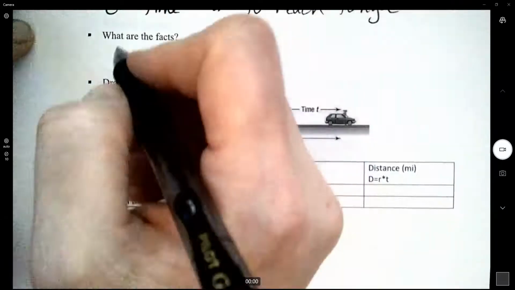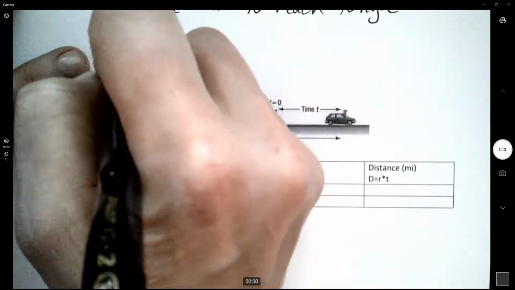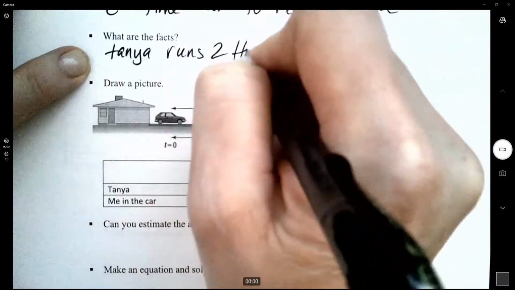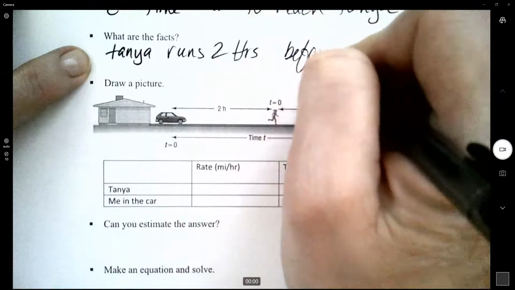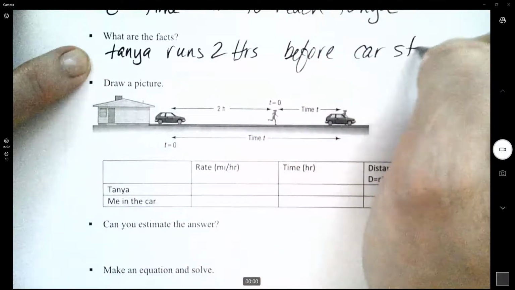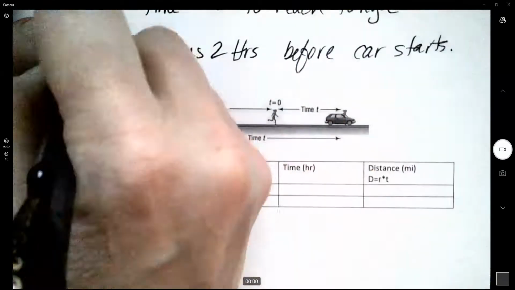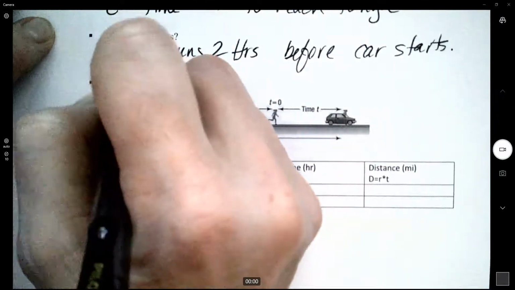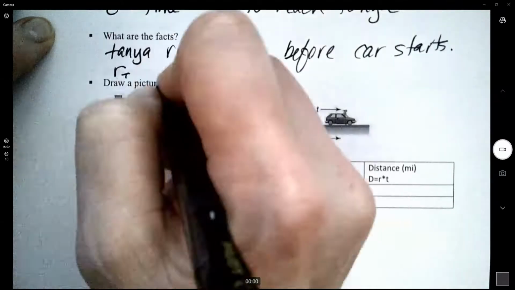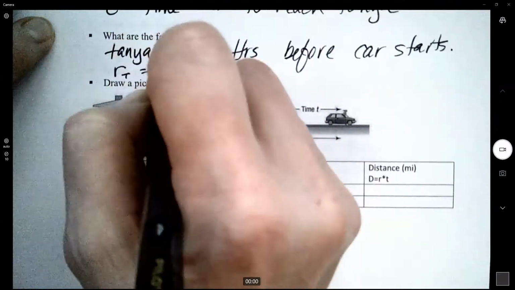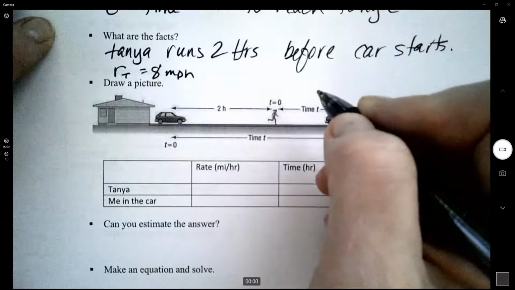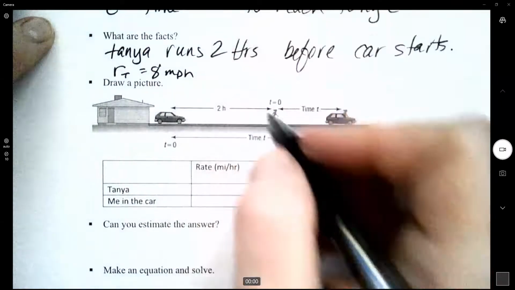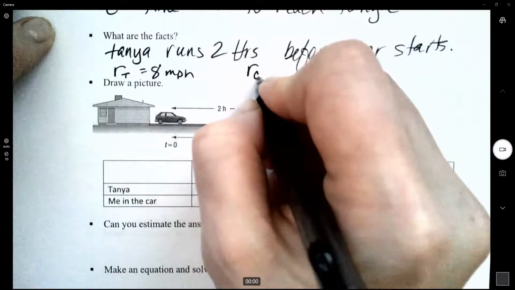Well, I know that Tanya was already running 2 hours before the car starts. I also know that Tanya's rate was 8 miles per hour, and I know that the rate of the car was 40 miles per hour.